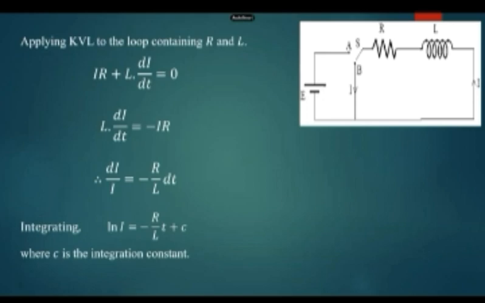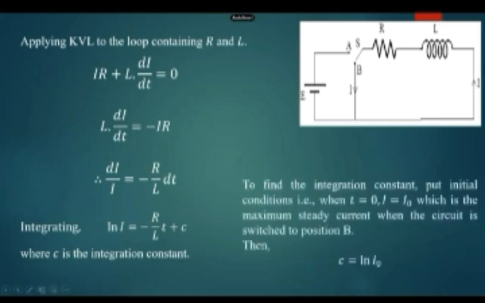To find the integration constant, you put the initial conditions. That is, when t equals 0, the initial current was I naught. Before putting the switch at position B, the initial current was maximum, that is I naught, which is the maximum steady current.